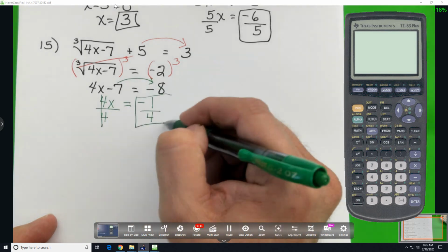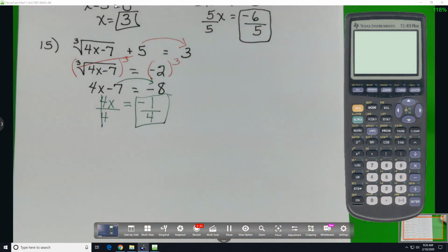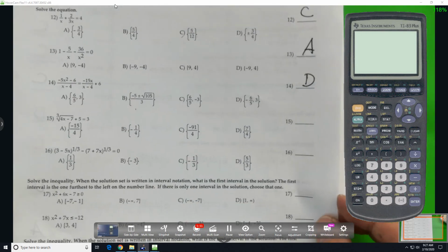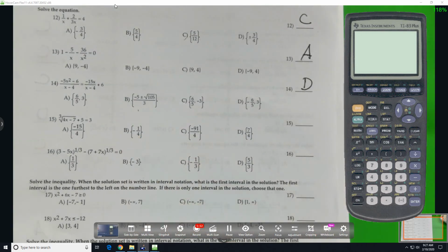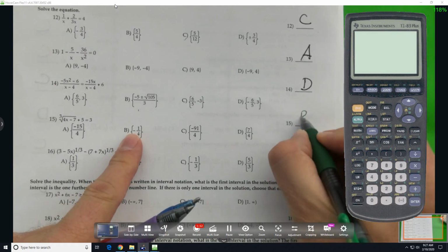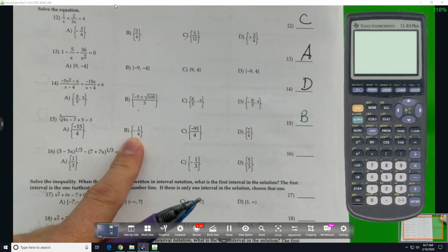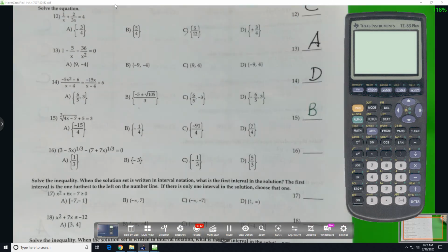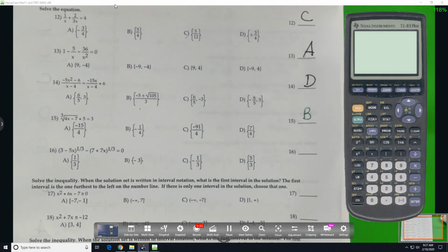So a negative 1 over 4. See. Oh wow, only 10 remaining after this. B. Any questions?